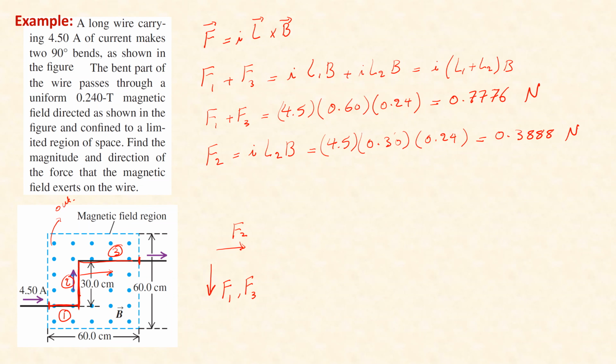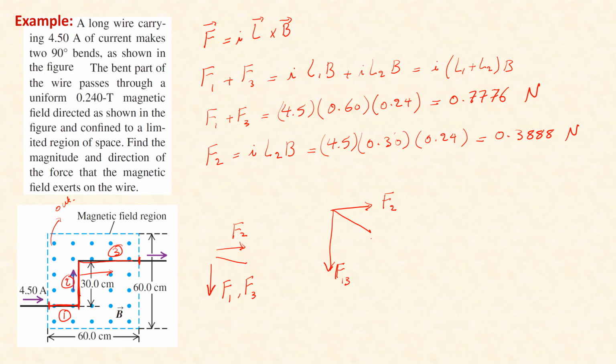So you have a force in this direction, a force in that direction. You can say the net force will be in some direction like this. You see, this is F1, F2, and this is F net.